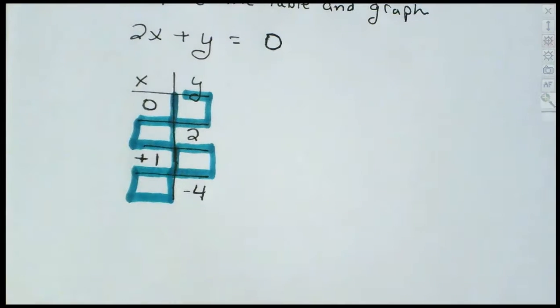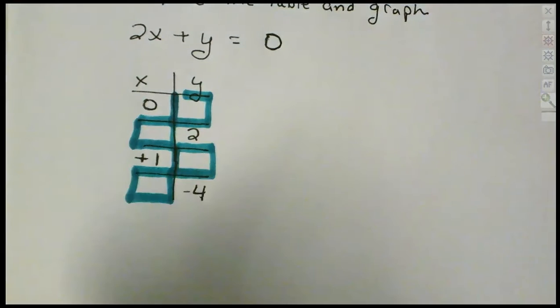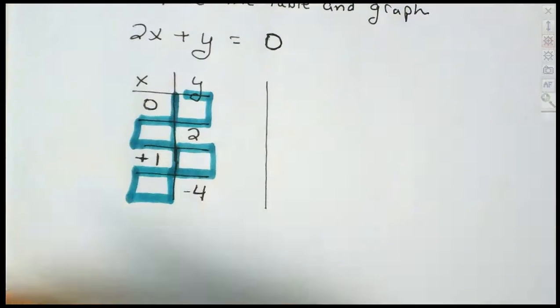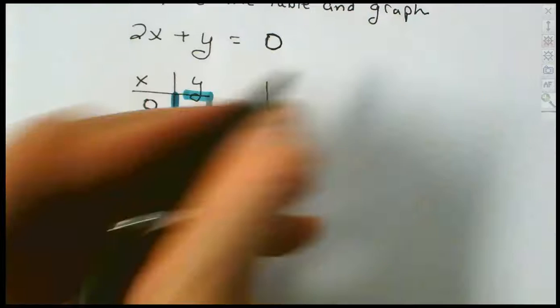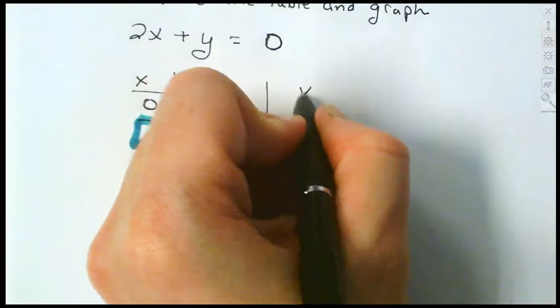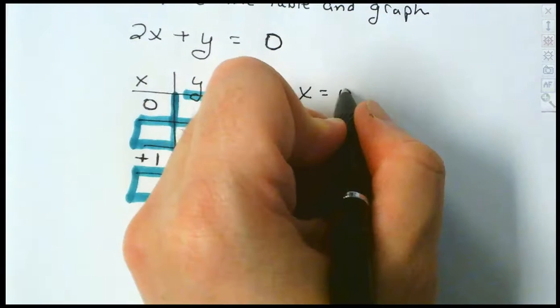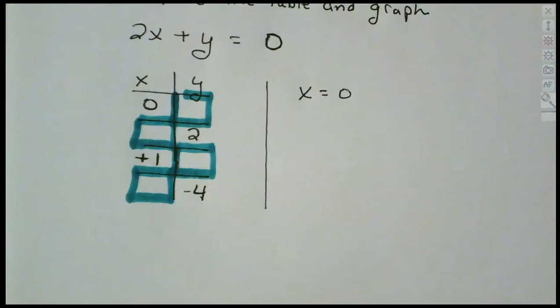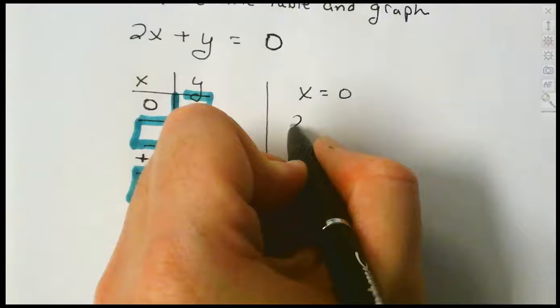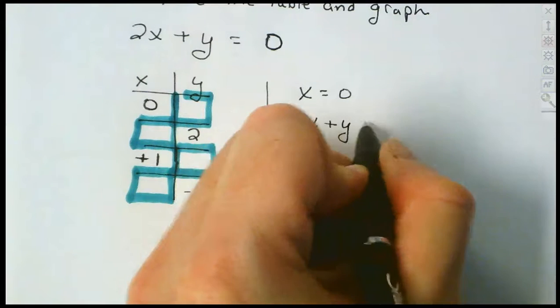So we've got to do each line individually. So we're going to start with the first one. And so the first one is if x equals 0. Okay, so if x equals 0, then what do we get for y? So let's plug in that 0 and let's see what we get. If I plug in x equals 0, so I've got 2x plus y equals 0.